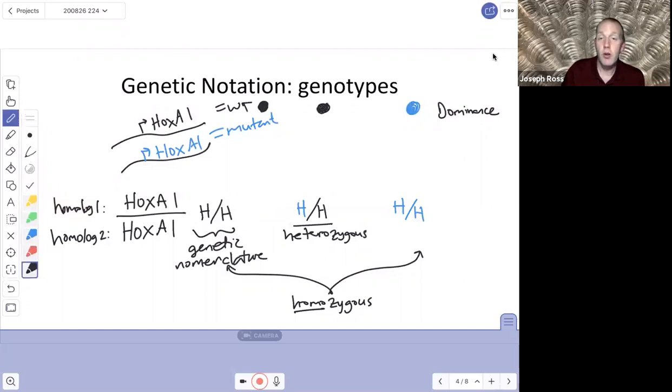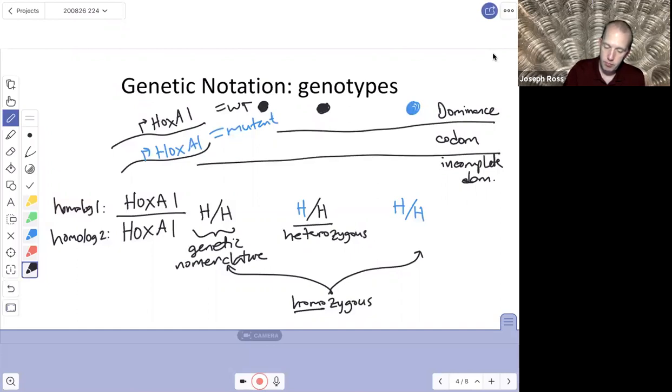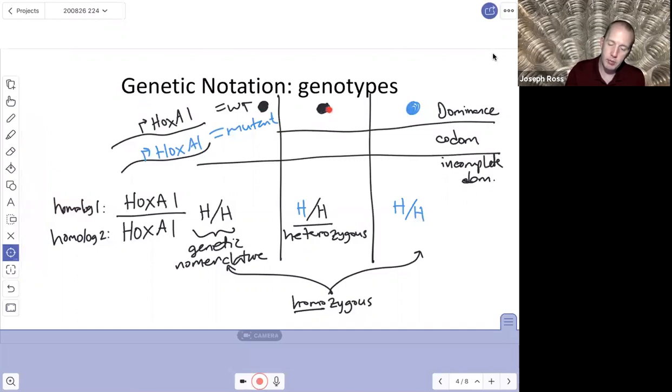Now, there are other possibilities as well other than simple dominance. So we've got codominance, and we've got incomplete dominance. We've already just looked at simple dominance. We've looked at the phenotype of the three different genotypes, and we see that the heterozygote has the black H-like trait.